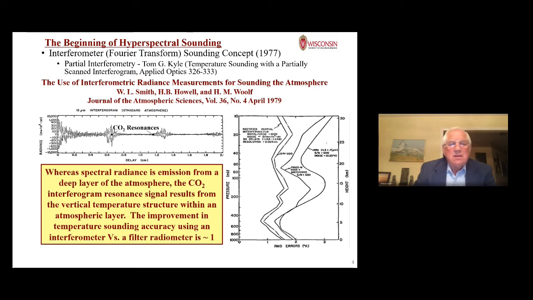And so we then developed what we call an interferometric method to sound the atmosphere in the late 70s.